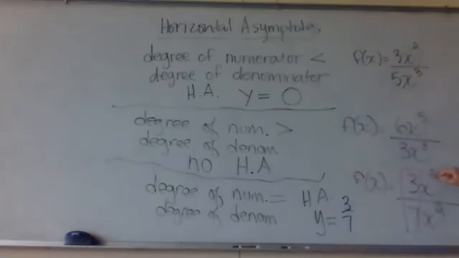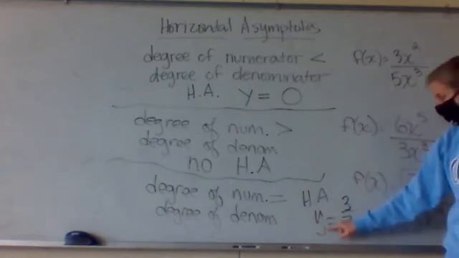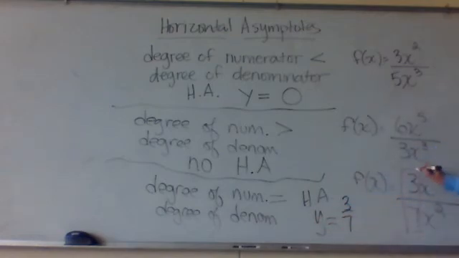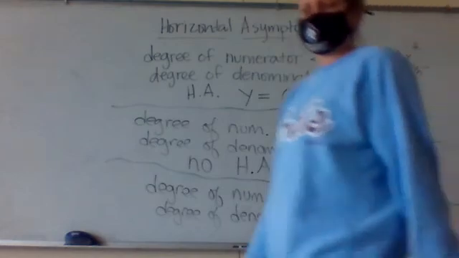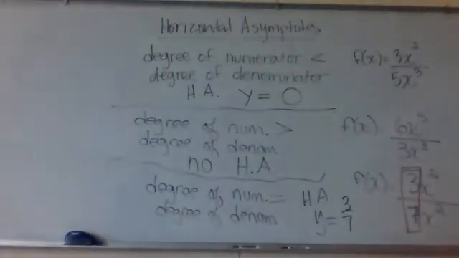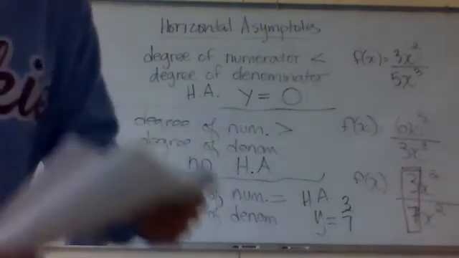Or if the degrees equal each other, for instance, they're both squares, your horizontal asymptote is going to be y equals whatever the leading coefficients are. The top leading coefficient over the bottom leading coefficient. So let's look at some of these. So the horizontal asymptote problems start at number 11.